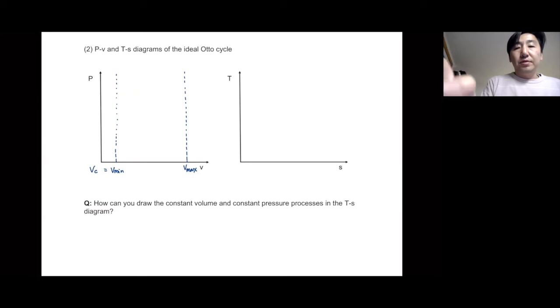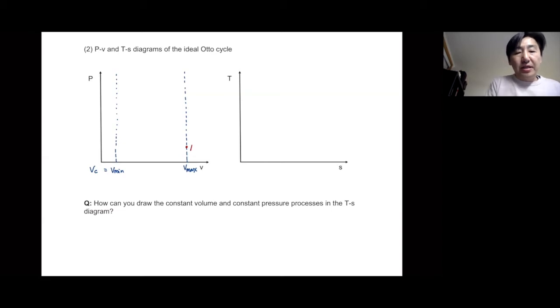Now, from very low pressure, like atmospheric pressure, that is your position 1. Then during the first process, which is the isentropic compression process, your volume shrinks from Vmax to Vmin.